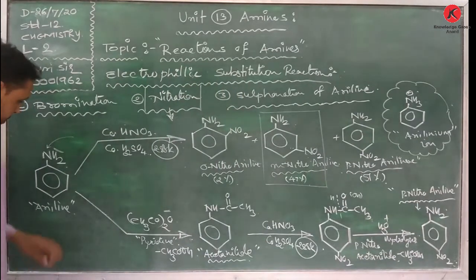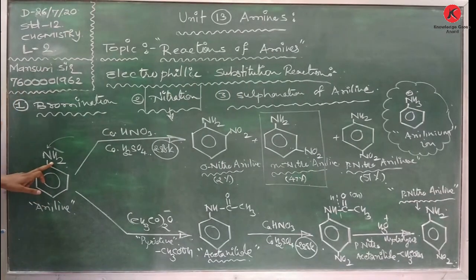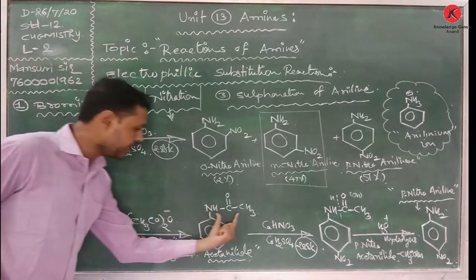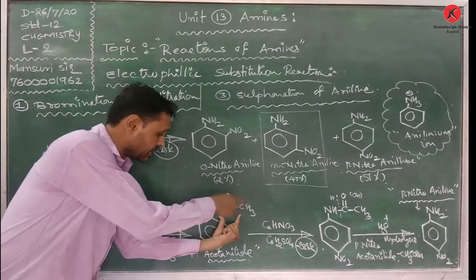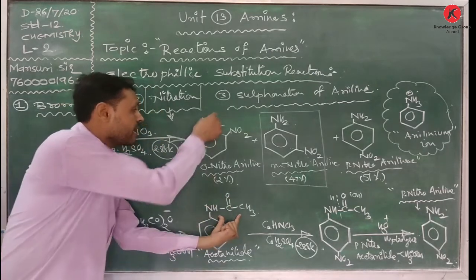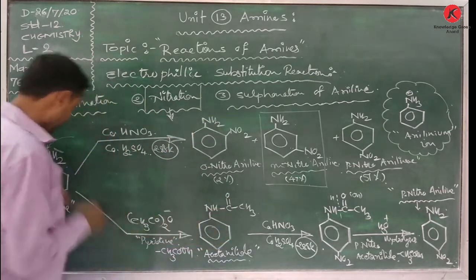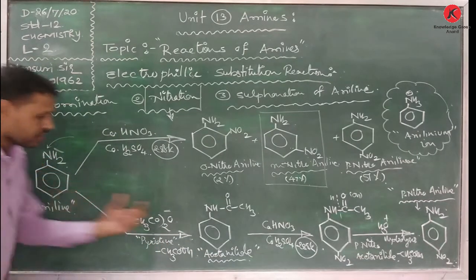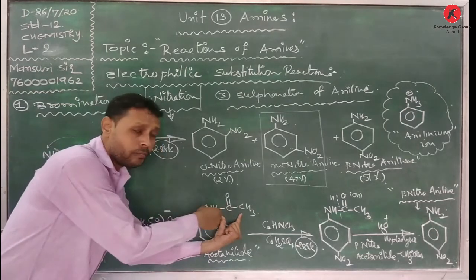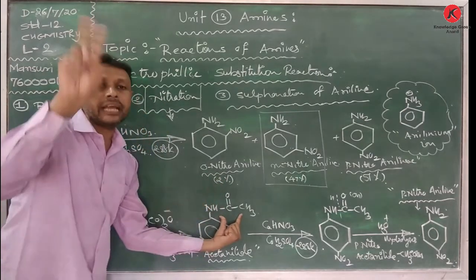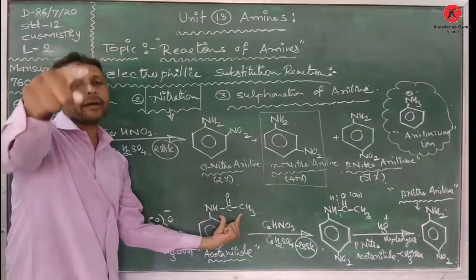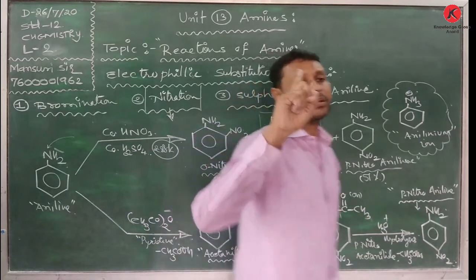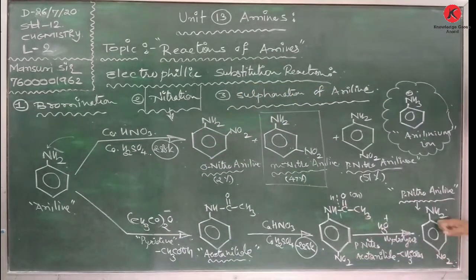So here NH2 was more reactive, but by acylation it is converted into anilide group, and this is less reactive than that of amine. That is why only one product, para-nitroaniline, is obtained.